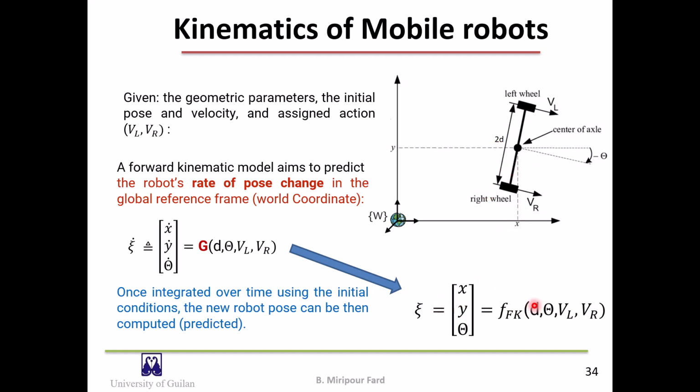And here you can see the relation between actions and the final pose. Therefore, the kinematics of the robot is determined based on F and G, I mean Fk and G, and we will look for them in the kinematic modeling of wheeled mobile robots.